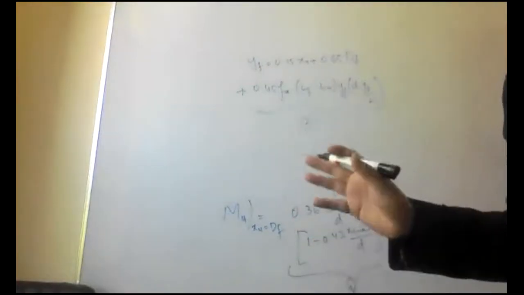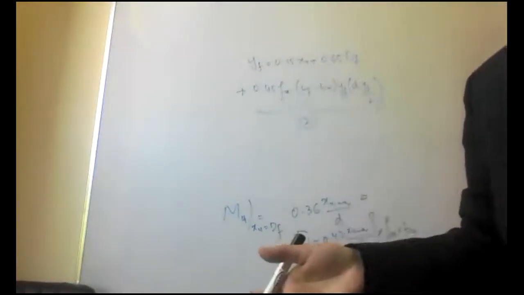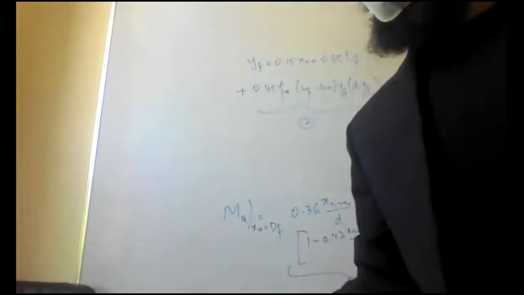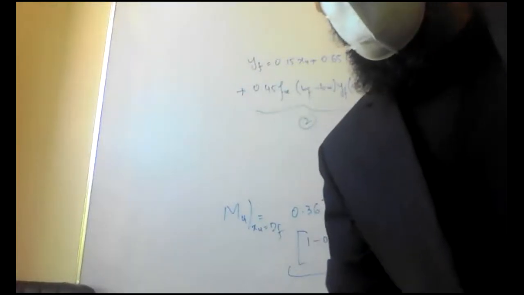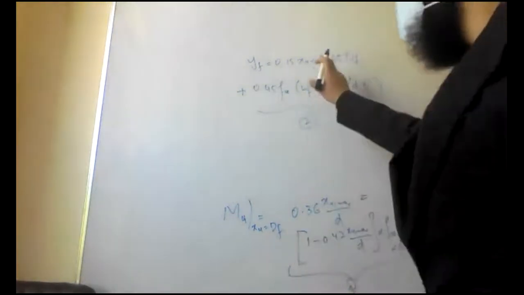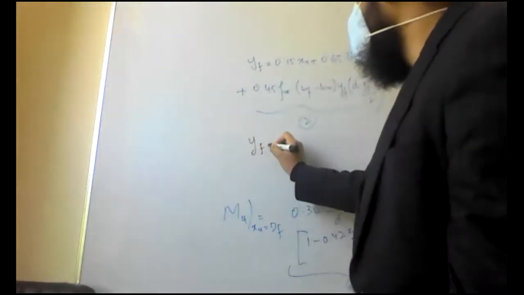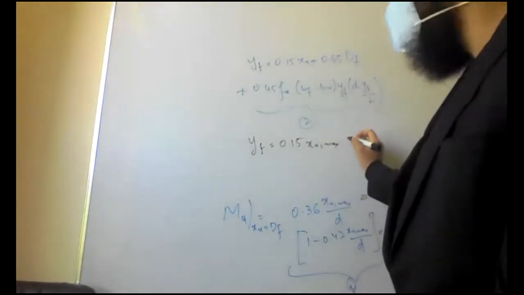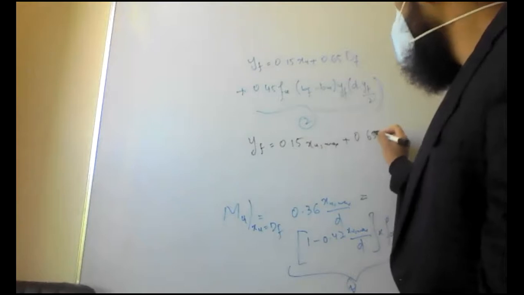When your df by xu is greater than 0.43, then you have to assume that all values of xu are equal to xu max. So even here for yf, you will take this as xu max. Again, this is based on assumption. The code itself is based on assumption because this is a hit and trial method.